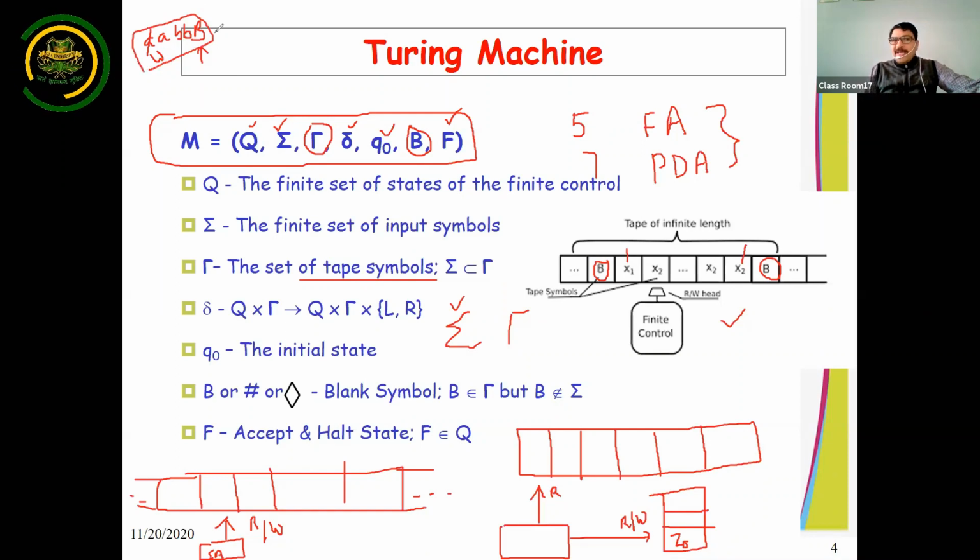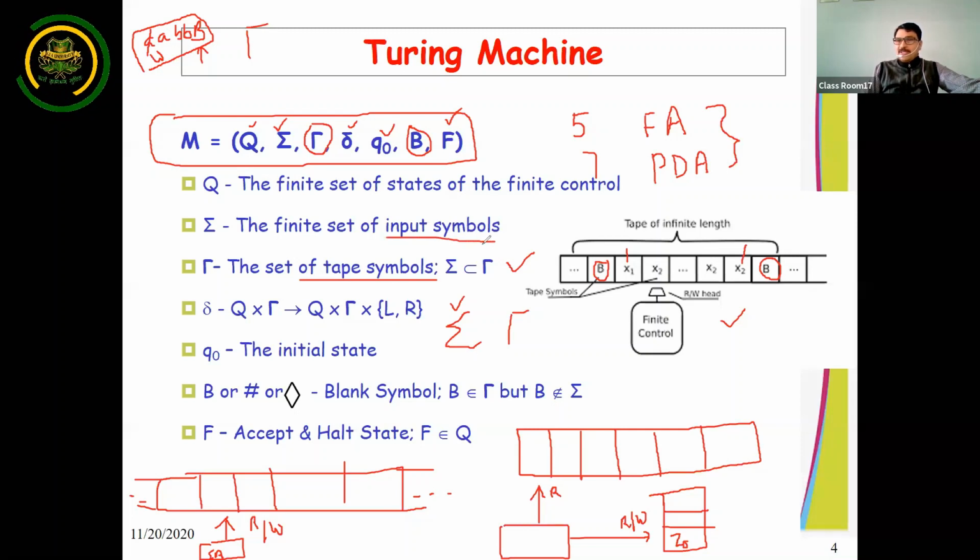Anything else that is present on the tape will be part of tau. So tau is the tape symbol, sigma is also a subset of tau, and sigma is the input alphabet or input symbol.